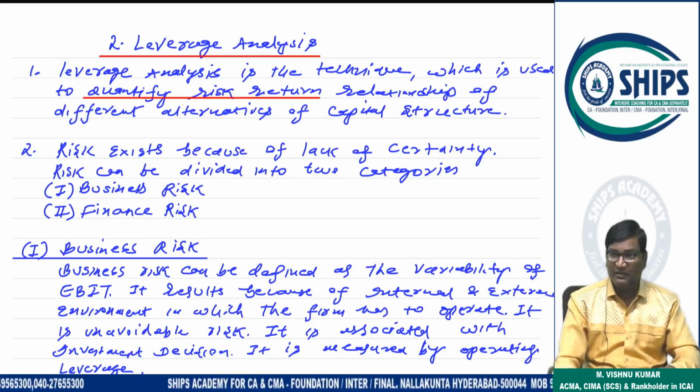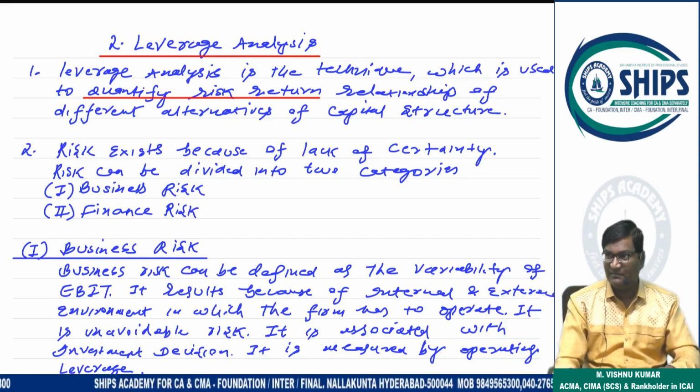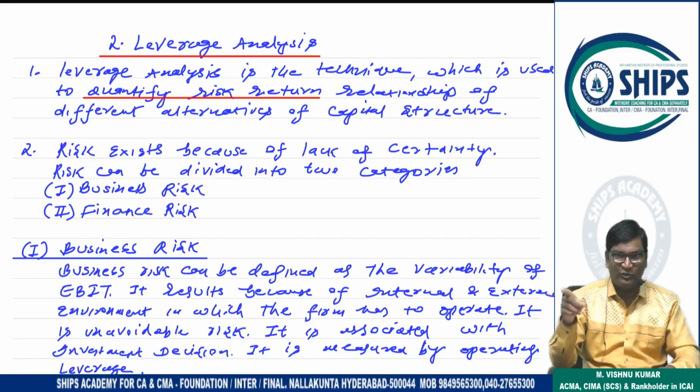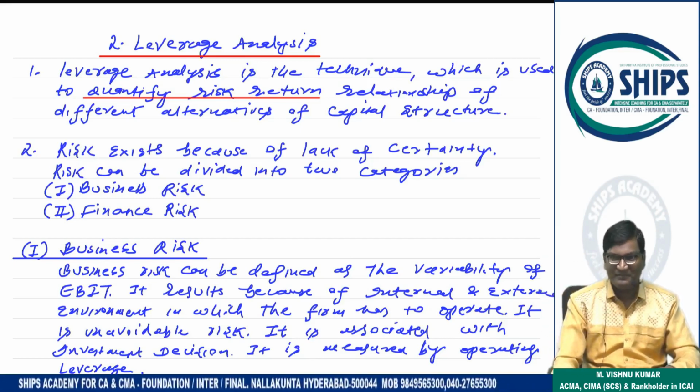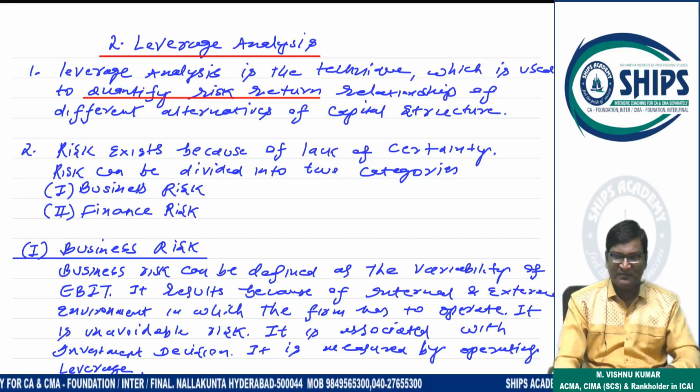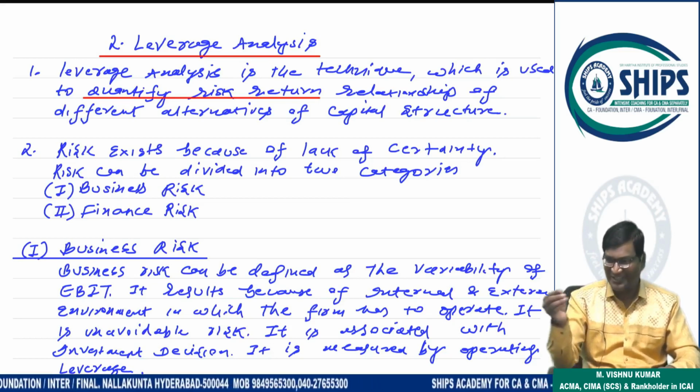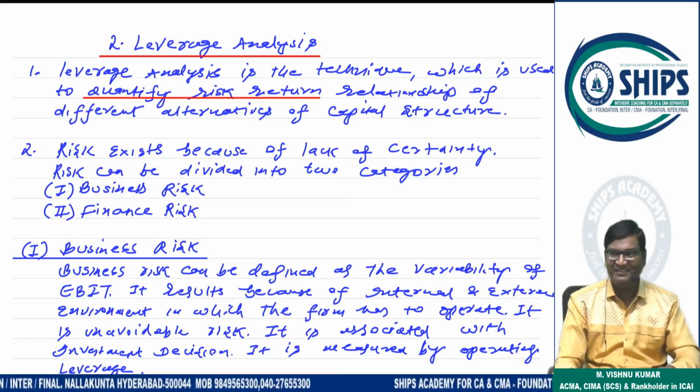Similarly, UPSC is very high risk, and the return is also very high. Correct or wrong? BCom is very low risk, and returns are also very low. Sometimes there is no return also.